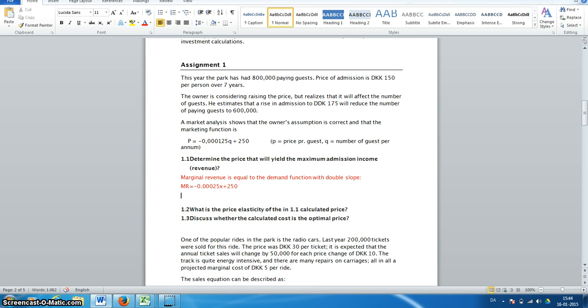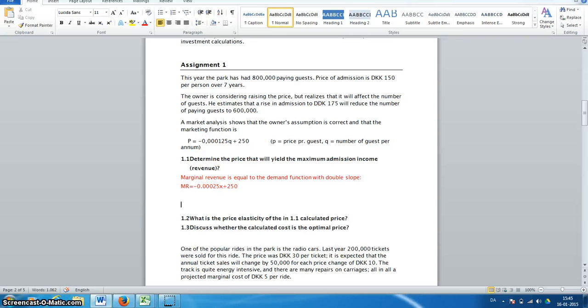Next, we should know that when revenue is maximized, marginal revenue will be equal to 0. That is the point where we maximize revenue. So we set MR, or marginal revenue, equal to 0.